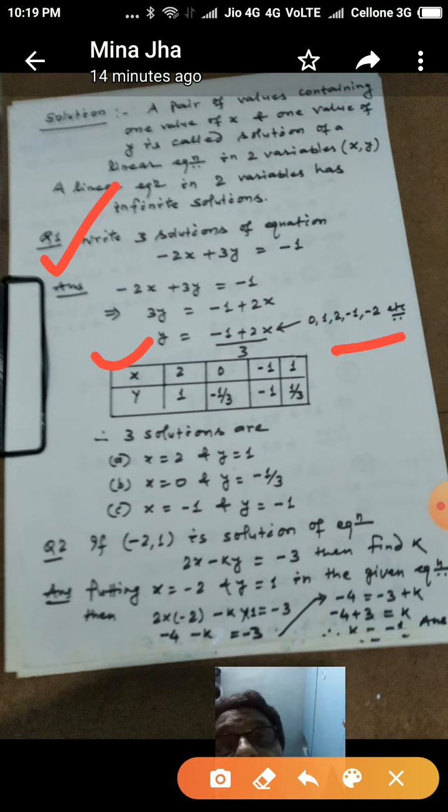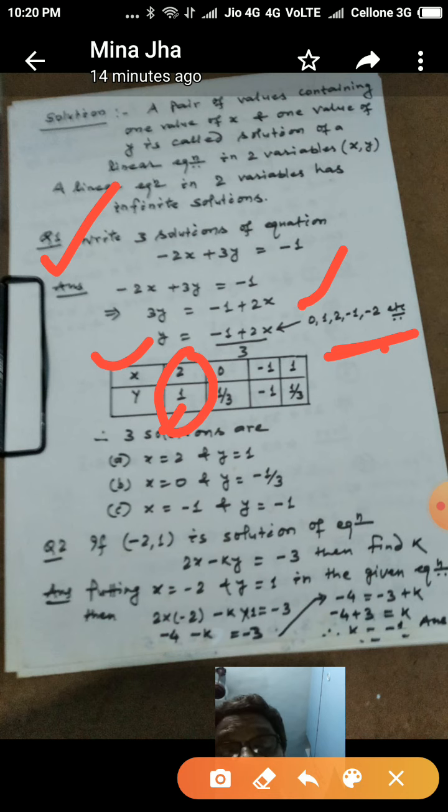Now here you see, by the arrow it is indicated that in the right side our variable x comes, whose value we will put by our own choice, say 0, 1, 2, minus 1, minus 2, any value. We will put it in the place of x and calculate the value of y by simplifying, as done here. So x has been put as 2, and putting 2 in place of x, if we simplify we get y equal to 1.